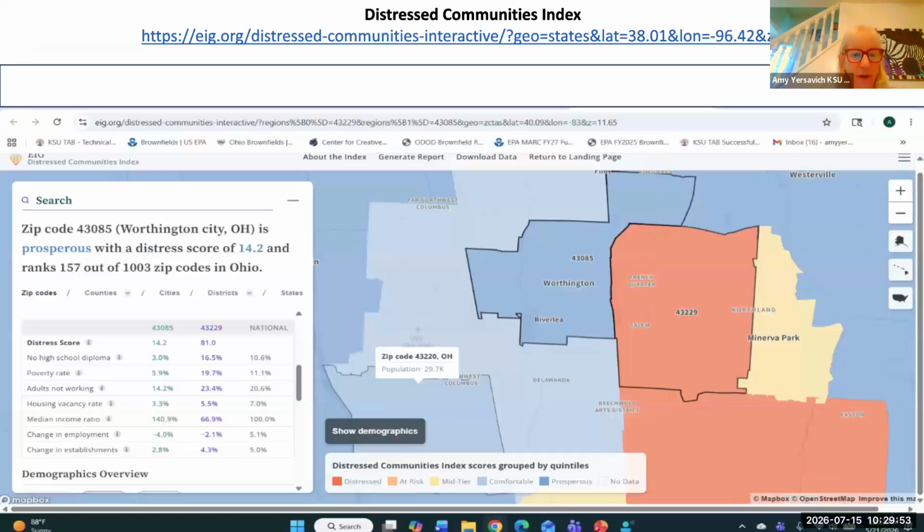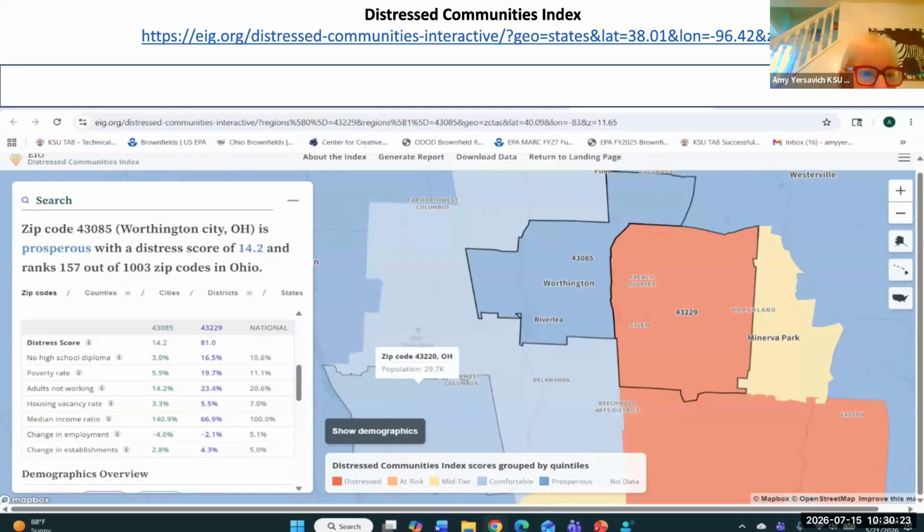I'm going to show you a couple of things you can pull up here. This is your Distressed Communities Index. It will give you a score with respect to how distressed a particular community is. One thing I'll point out here, it's focusing on Worthington. If you're familiar with Columbus, Ohio, Worthington's a wealthy suburb. That's probably the best way I can describe it.